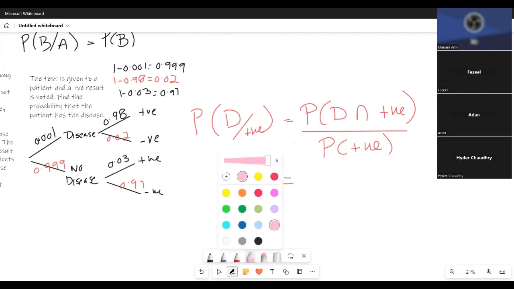So probability of disease and a positive result is here. Disease and a positive result.